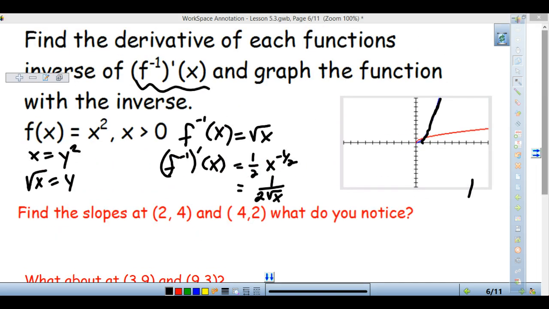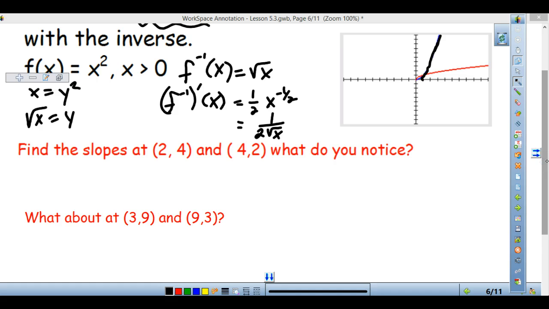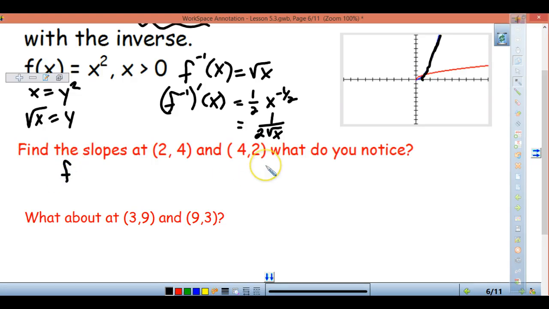Well, let's look for some patterns that'll help us understand the general rule for derivatives of inverses. So if I have the points (2, 4) and (4, 2) and look at the derivatives there, the original function's derivative, the derivative of x squared, is 2x. So f prime of 2 is equal to 4.